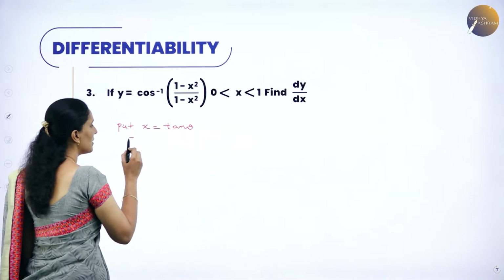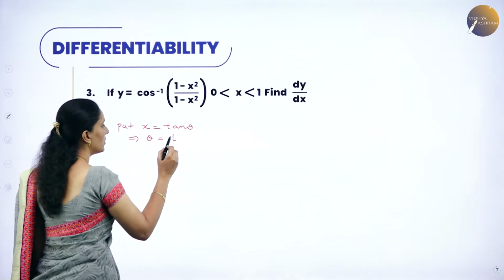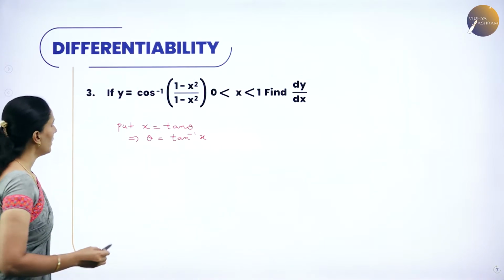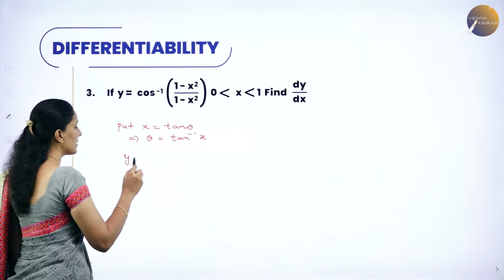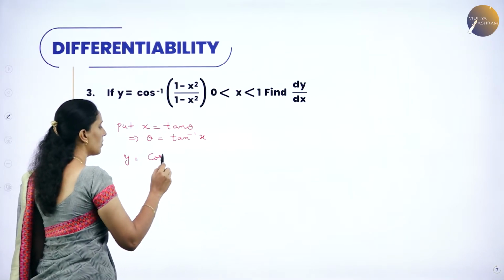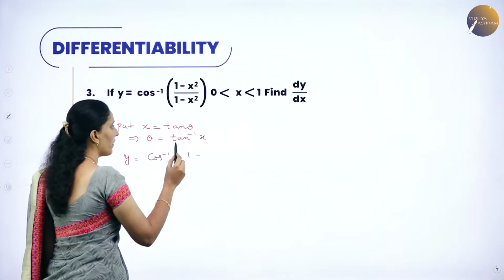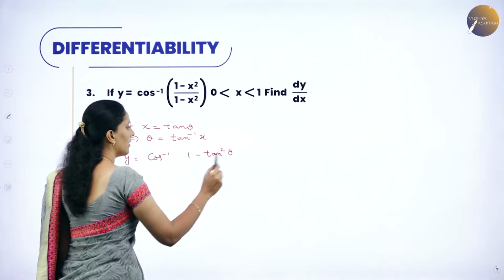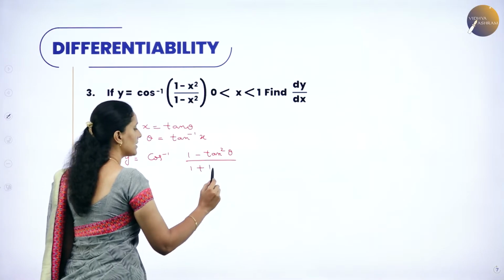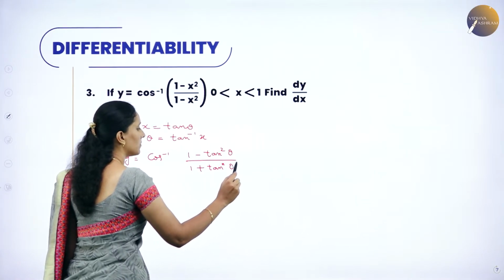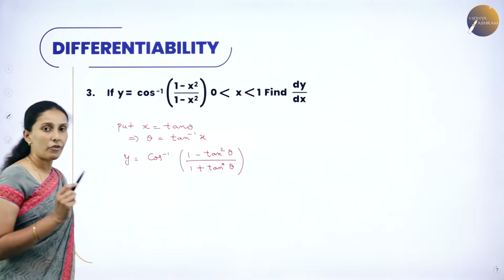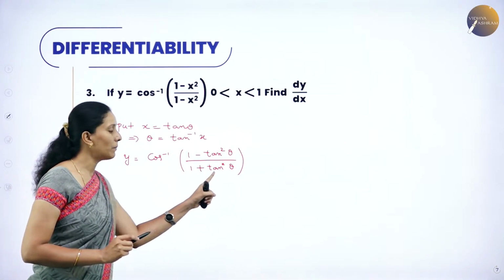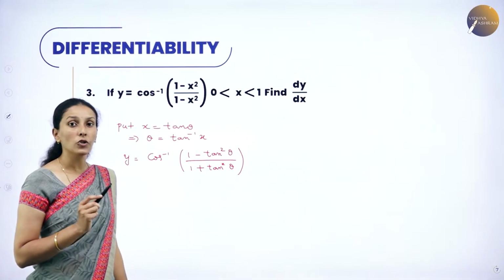So then this implies theta is equal to tan inverse x. So y is equal to cos inverse of, in the place of x, just replace tan theta. So this becomes (1 minus tan square theta) divided by (1 plus tan square theta). From the multiple angle formula, (1 minus tan square theta) divided by (1 plus tan square theta) is cos 2 theta.